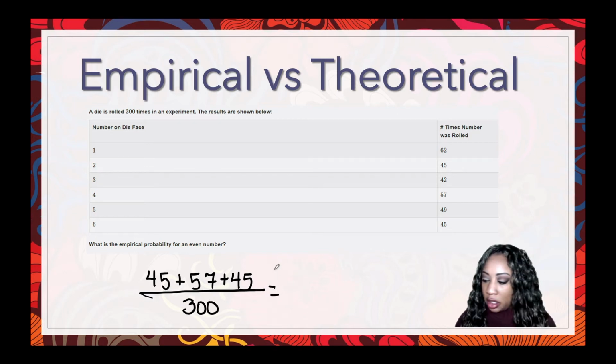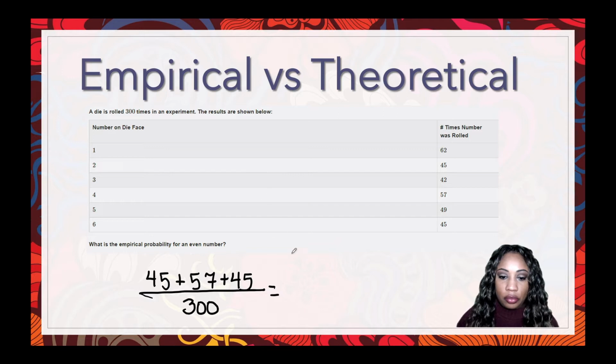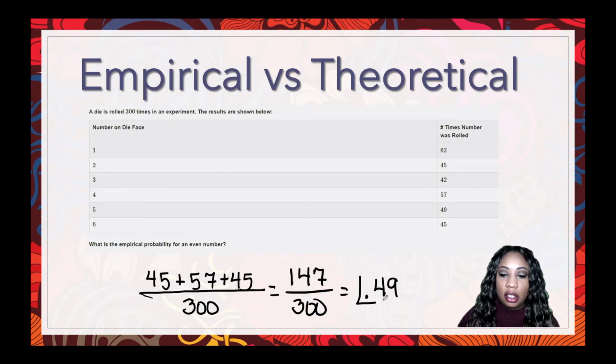And so that's going to give us 147 out of 300, which is going to be 0.49. So the empirical probability of this happening is 0.49, but in theory, it should be 0.5.